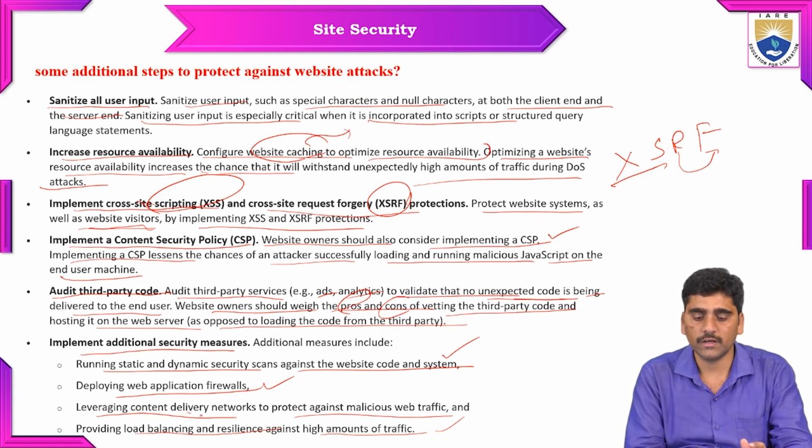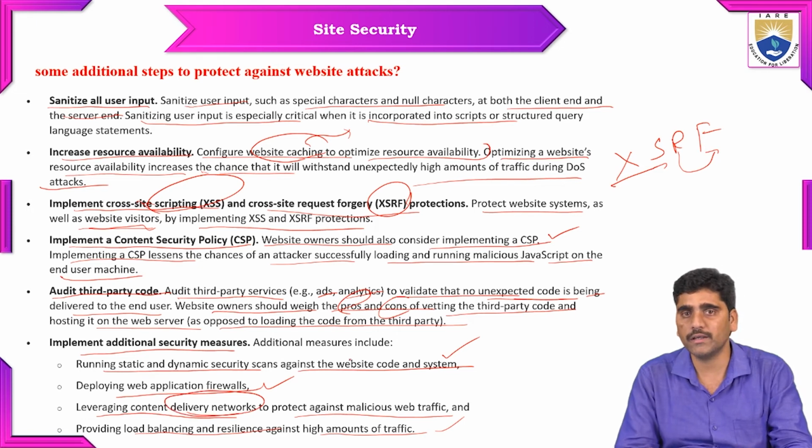That means the delivery networks have to be kept confidential and secure, and provide load balancing and resilience against a high amount of traffic. From that whole amount of traffic, we maintain the balancing on those particular sites.